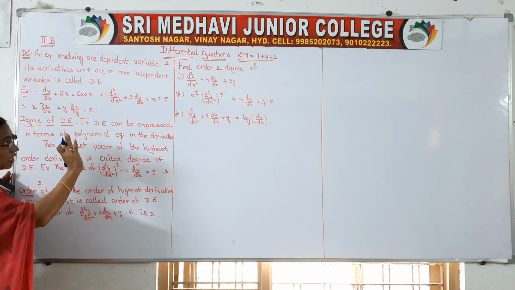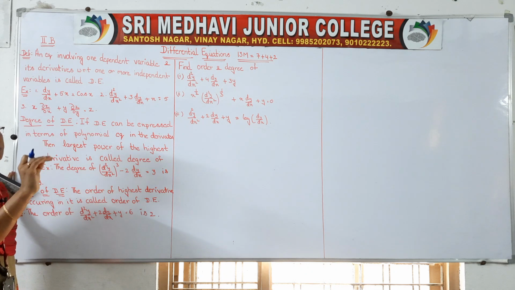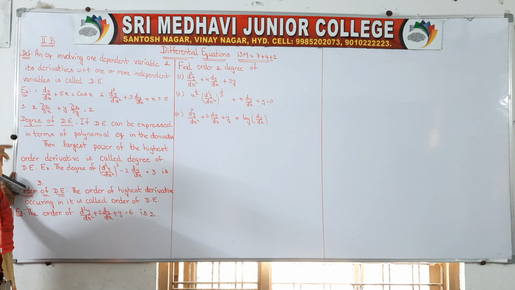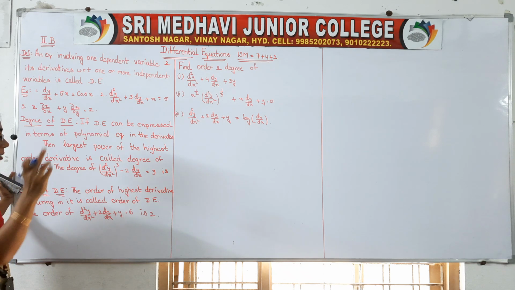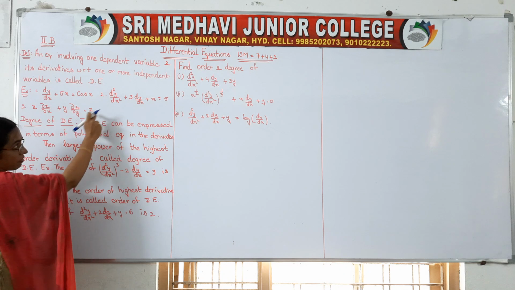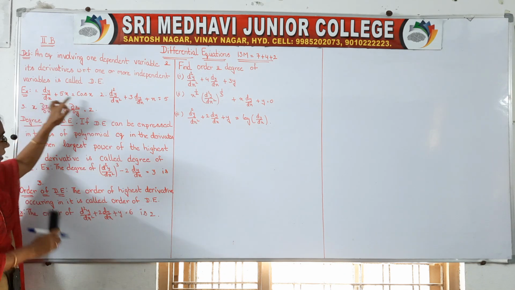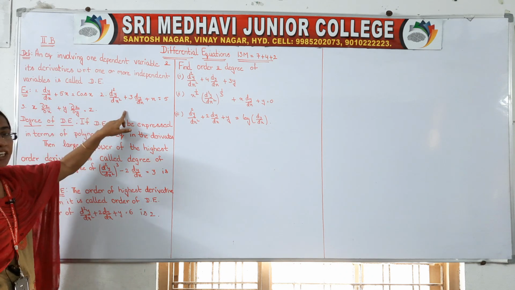So any equation which involves one dependent variable and its derivatives with respect to one or more independent variables is called a differential equation. These are examples of differential equations. These are called ordinary differential equations.